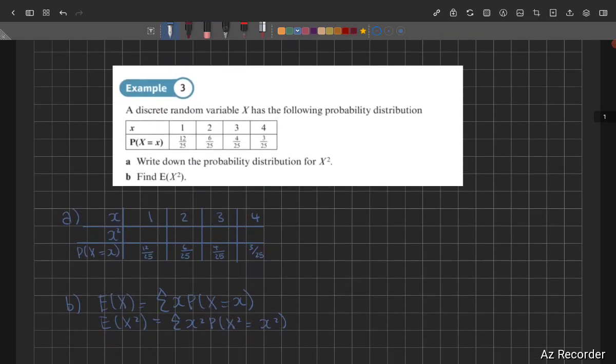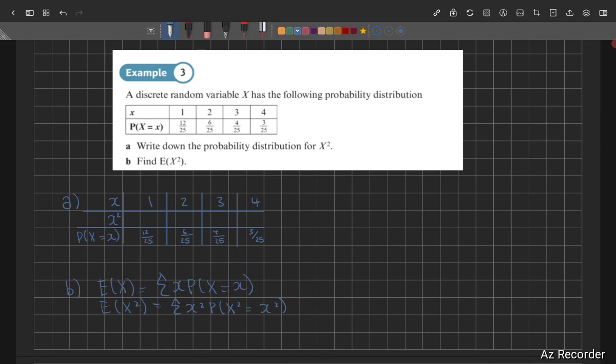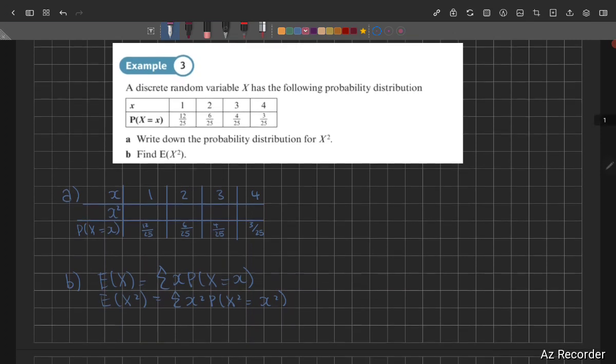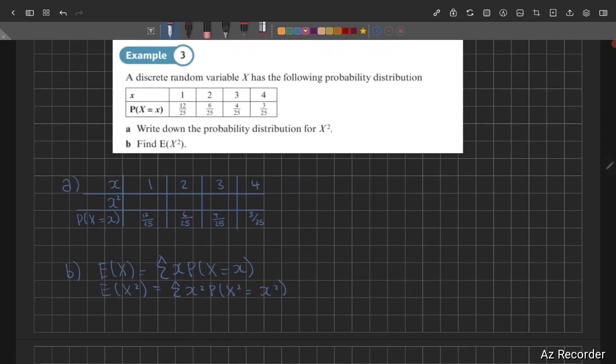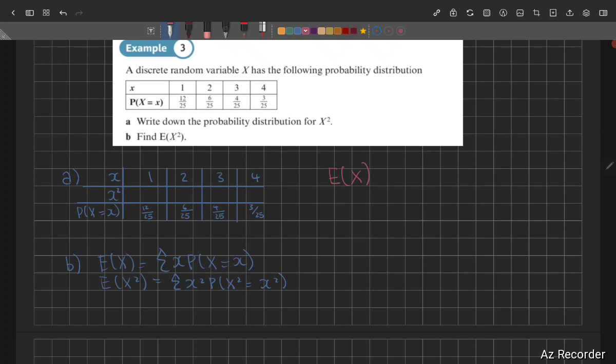So the first example we will do: a discrete random variable x has the following probability distribution. Write down the probability distribution for x squared. We haven't yet done this, we've only done ones with E(x). So in this problem, we just need to convert each value into x squared.